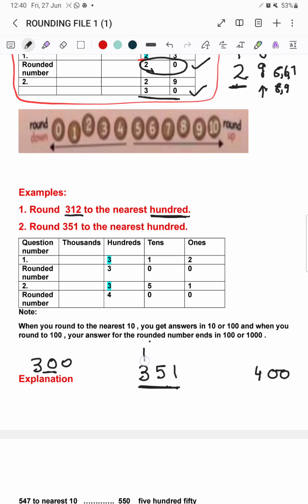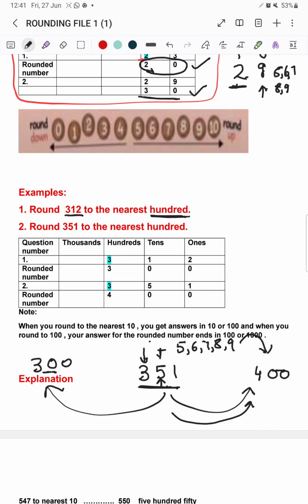I have to round to the 100, that is 3 here. And the digit which is going to decide whether it will go to 400 or 300 is the immediate next digit on the right, which is here at the tens place. And if the digit is 5 or more, it will go to the higher side. So 351 will go to 400. So I will say the rounded number will become 400.